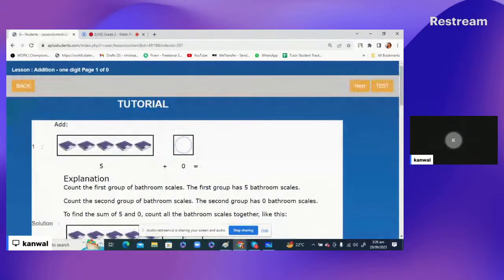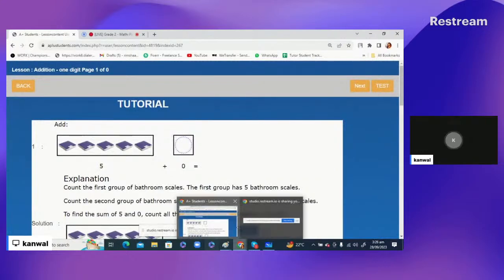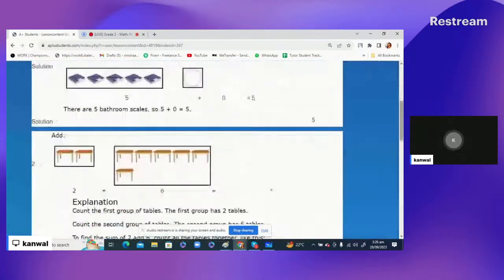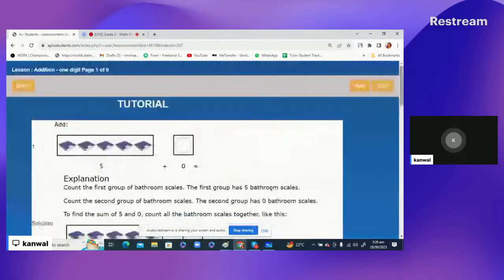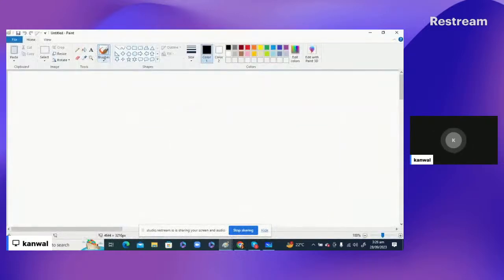So addition of one digit. For example, here are different numbers, different things. Let's get started. First of all, how many books are here? Let's do some shapes and then solve it, okay?